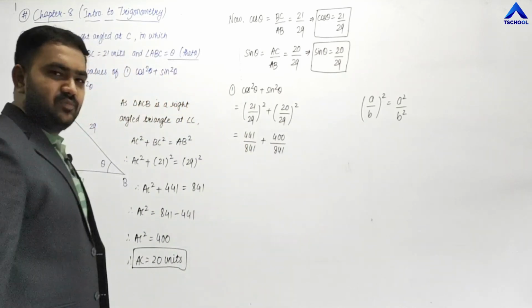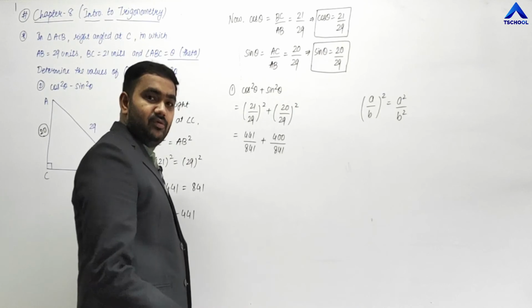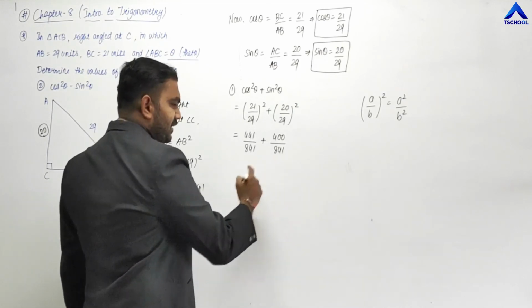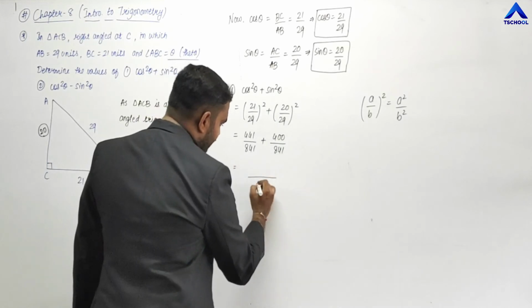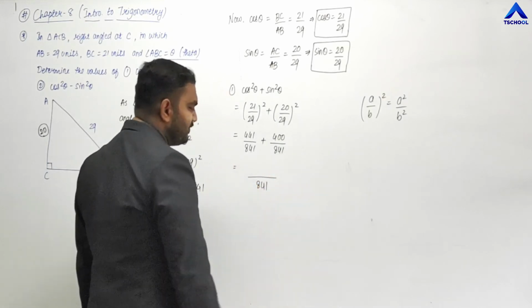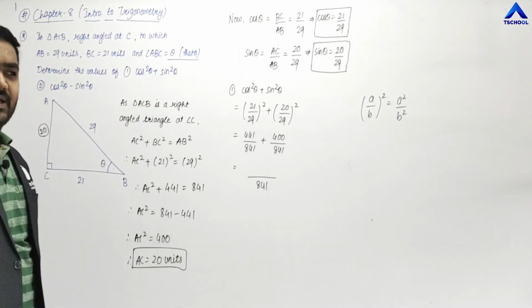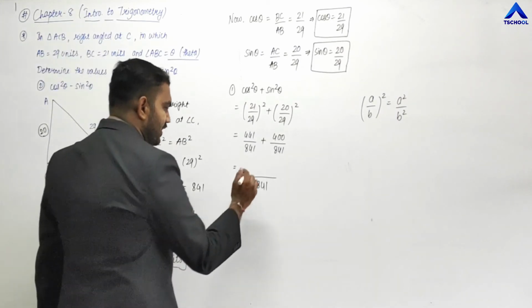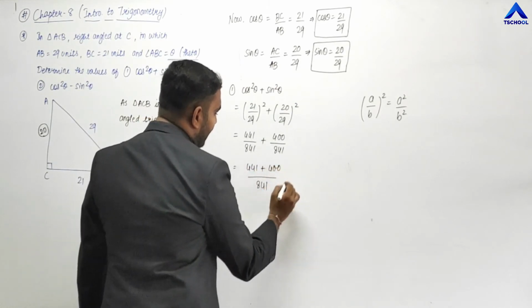Can we add these both ratios or not? Yes, we can add, but how? See, what is the denominator here? The denominators are same, so you can make a common denominator here. As we see in LCM, if the denominators of both the ratios are same, then we can make that denominator common, and simply the numerators will be added.